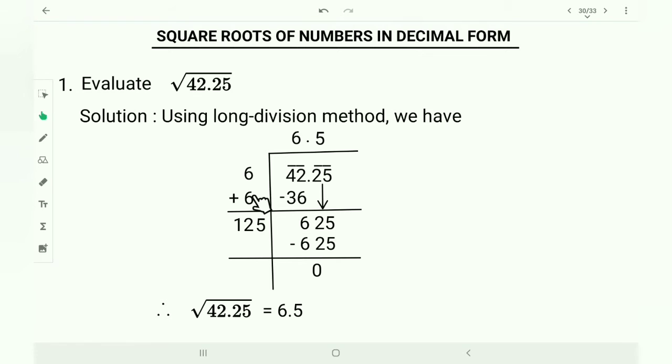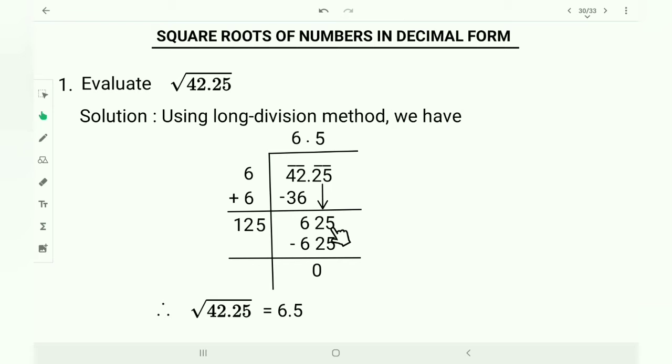This 6 we will add with the divisor, and we will get 12. Now we have to do work on this new dividend 625. For that we will again choose a perfect square number, and also we will focus on the ones place digit of 625, which is 5.